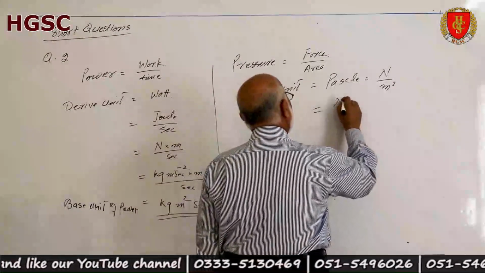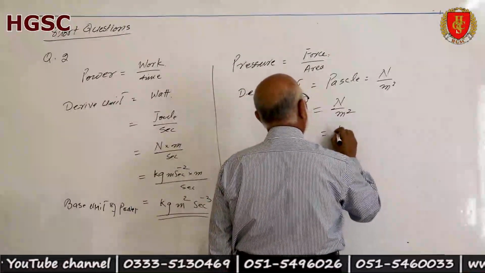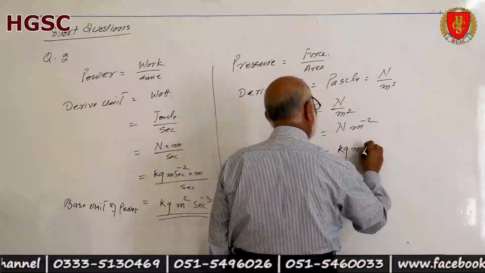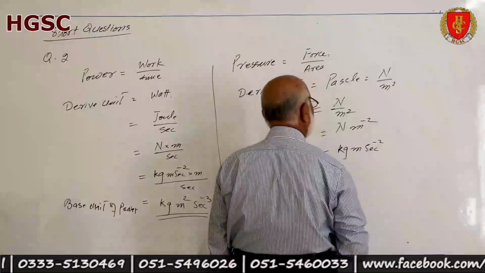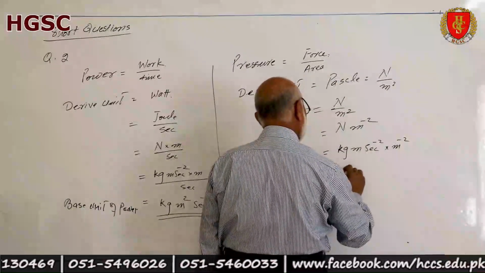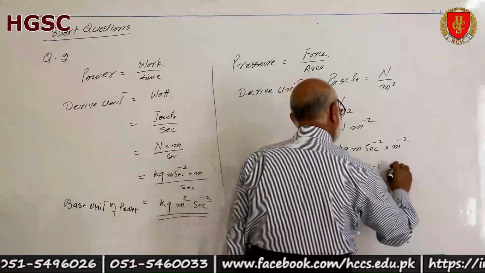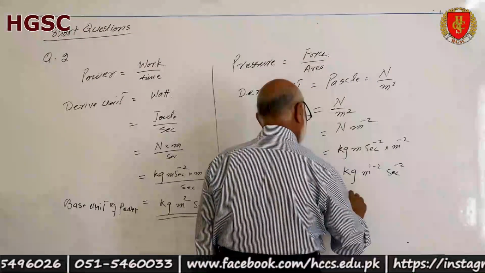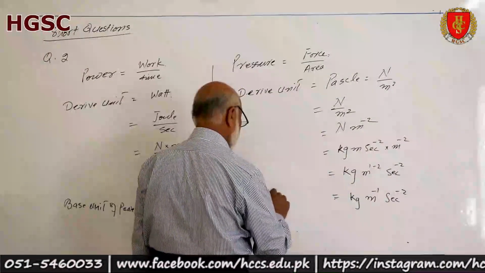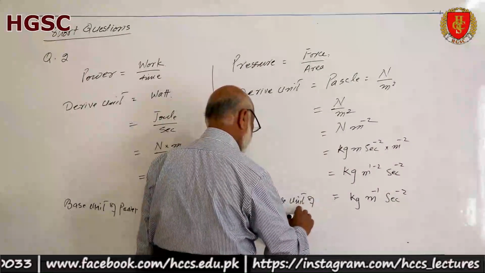So that Newton per meter square can be converted. This is kilogram meter second inverse square Newton and into meter inverse square. So we get kilogram meter to the power 1 minus 2, second minus 2, and we get kilogram meter inverse second inverse square. So this is the base unit of pressure.